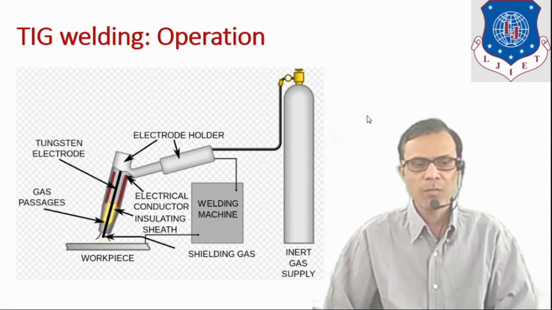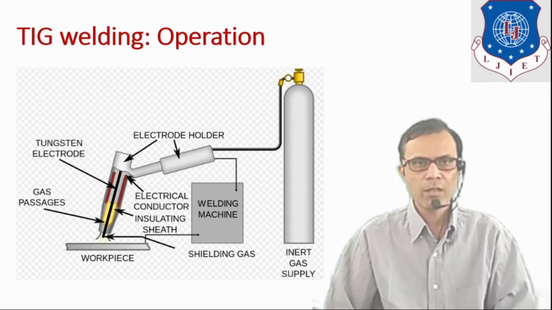The shielding gas provides an envelope which always protects the welding pool or welding zone from atmospheric oxygen, because when metal is heated there is a chance of producing metal oxide.